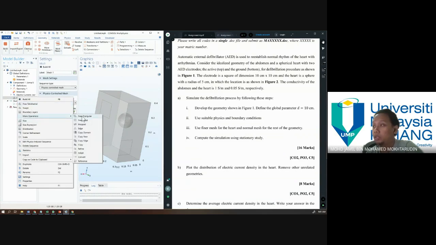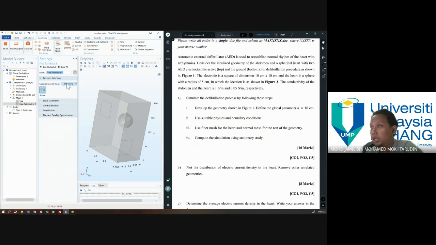Free triangular is for 2D. And we have edges. The edge is for 1D or only lines, okay, garisan. So we choose free tetrahedral. And then in the geometric entity level, instead of using remaining, we choose domain and select only the heart.